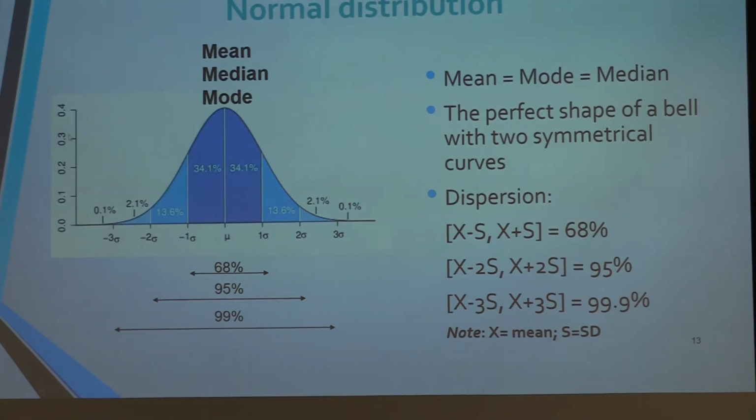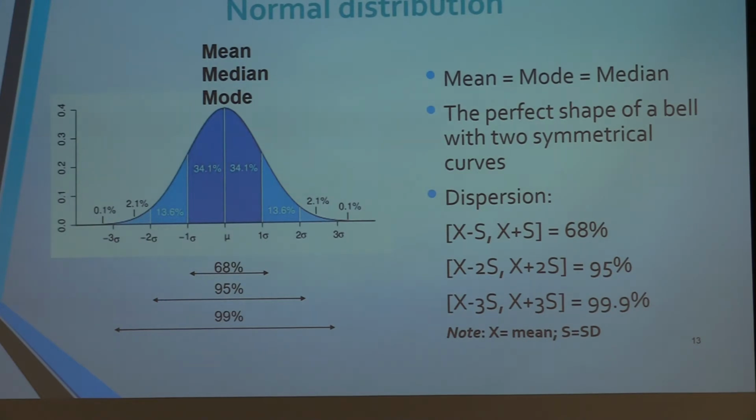And within 2 standard deviations, it includes 95% of all the values. And within 3 standard deviations, it will include 99% of all the values. So if these conditions are fulfilled, there's a normal distribution. Is that right? All right.